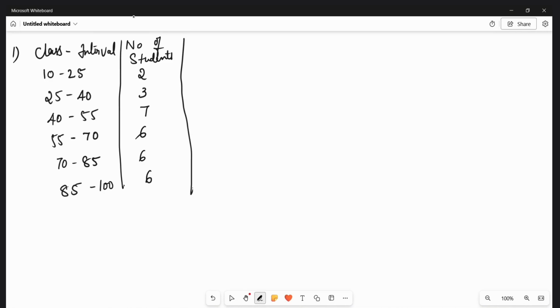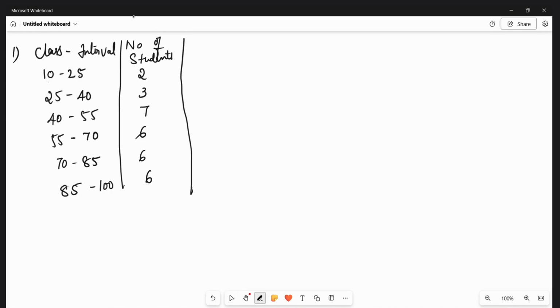Now we have to find the mean of the given data. First, class interval is there. What do you mean by this class interval? Listen, here they have given the data about the marks of the students.